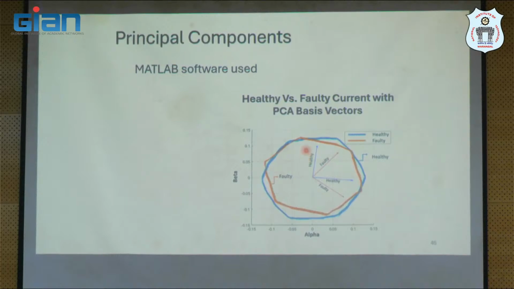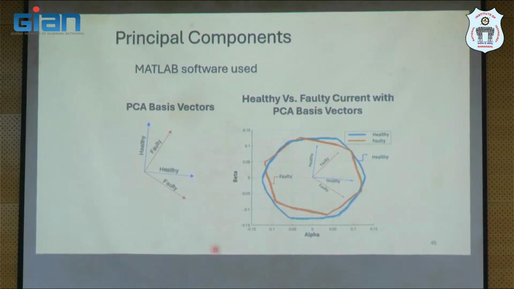And whenever we had eccentric data, the principal components got shifted. The principal components of healthy are along these two axes as shown here. So for the healthy vector, I have 2 principal components, they are plotted. For static eccentric fault, the 2 principal components are along these 2 lines.